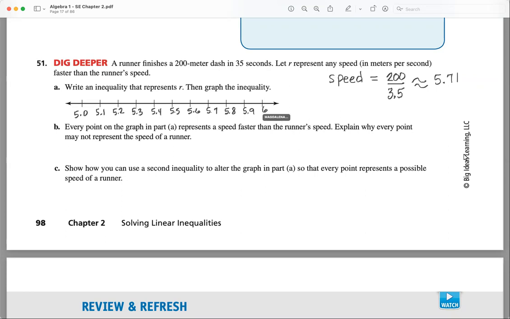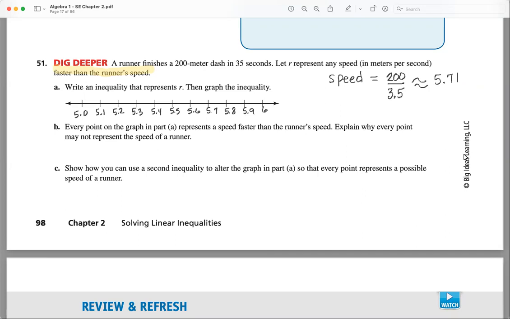Okay, and then it's faster than the runner's speed. So it does not include the speed of the runner. It's just faster than the runner's speed, but it won't include the speed of the runner, okay? So then, let's see.